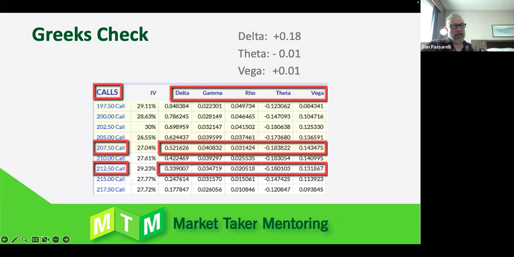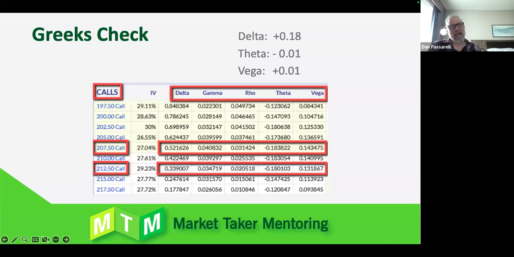We're buying the 207.5 calls. So basically, if it goes up, I make money. If time passes, I lose money until we get closer to the 212.5 strike. Then, because that's a short option, there's the dominant Greeks, and I start making money again. And Vega, if implied volatility moves, I make or lose just a little bit of money.